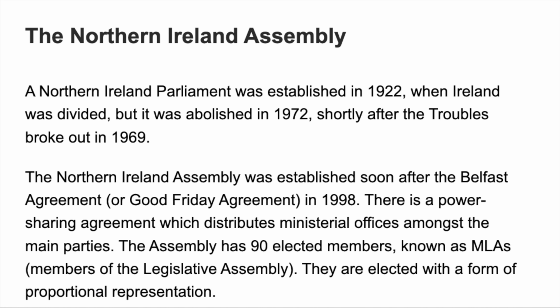There is a power-sharing agreement which distributes ministerial office among the main parties. The Assembly has 90 elected members, known as MLAs, Members of the Legislative Assembly. They are elected with a form of proportional representation.